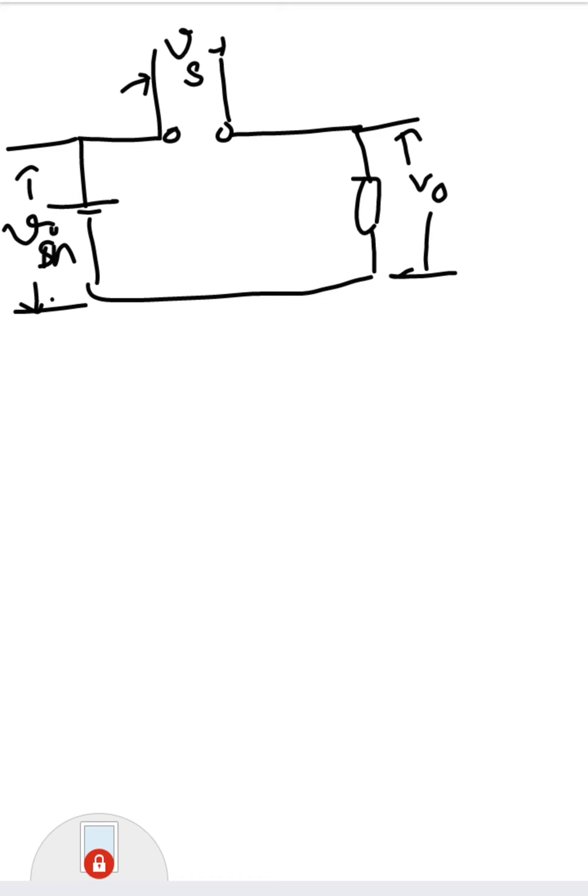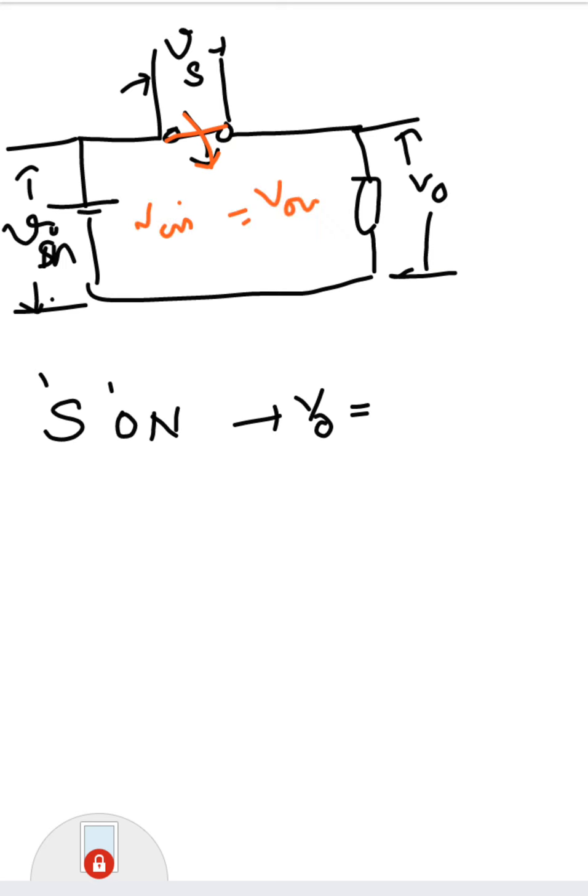Now you need to understand this. When the switch is on, what is the output voltage? You have to apply KVL here. When the switch is on, this is closed. So if we apply KVL, we'll understand that V in will be equal to V out.